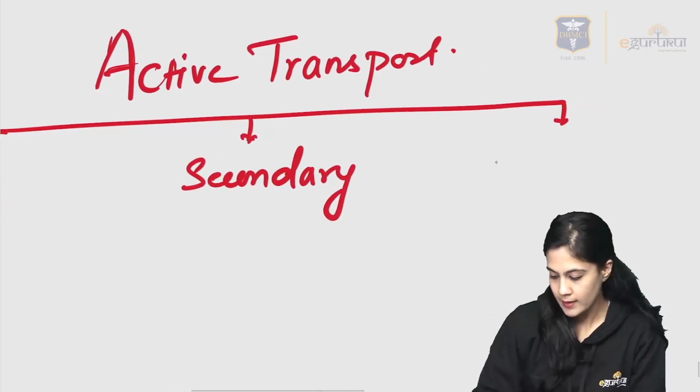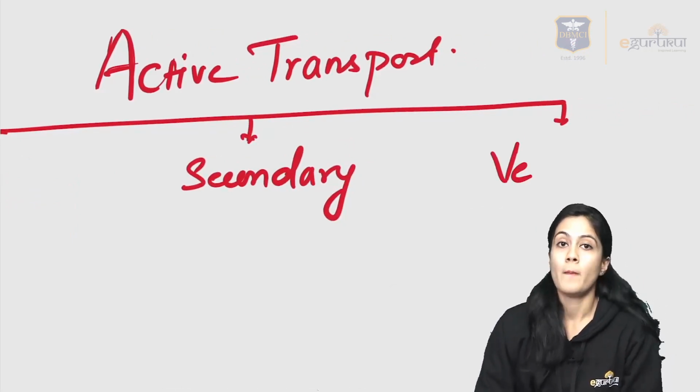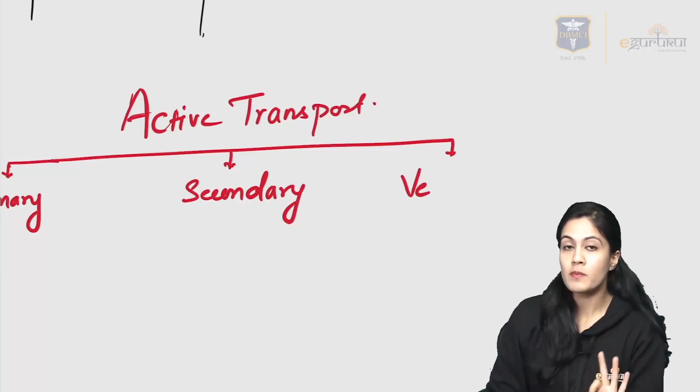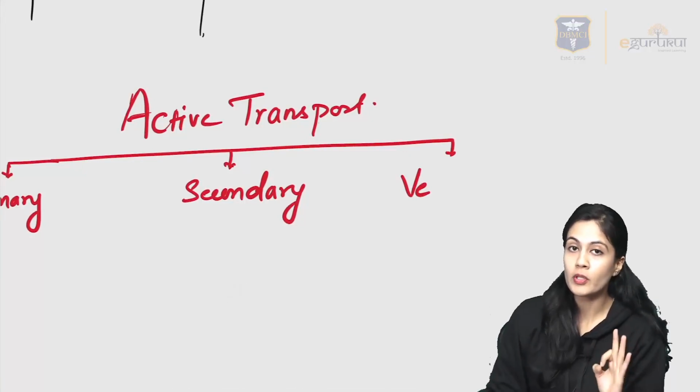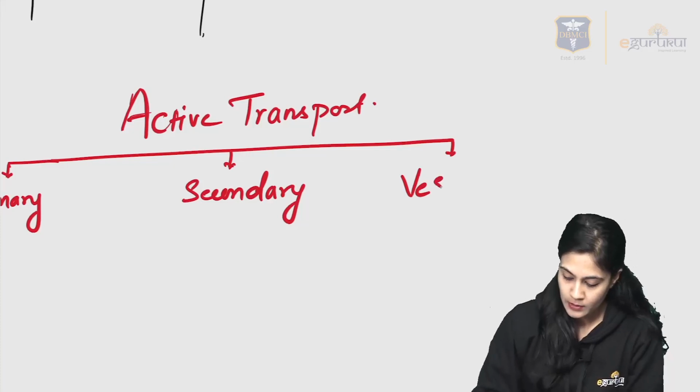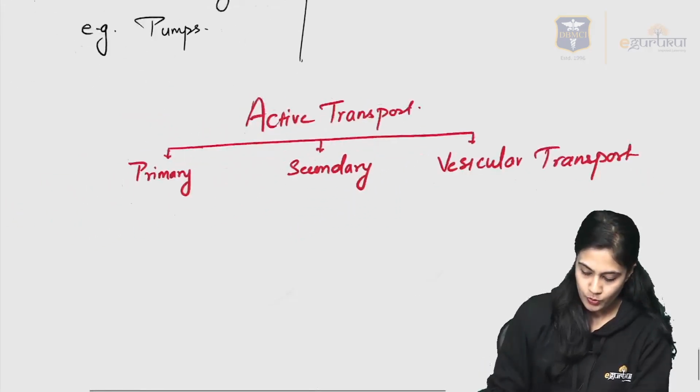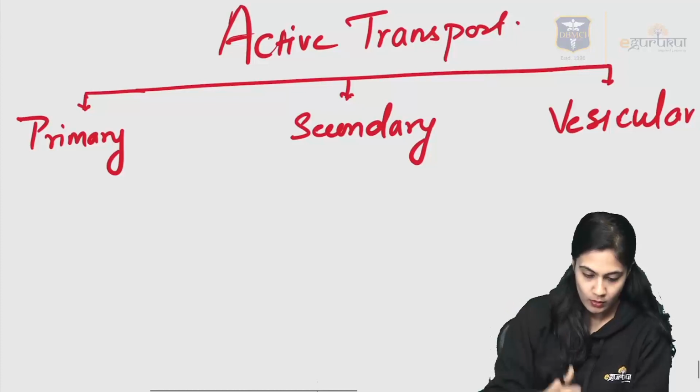And the third is very crucial. Many students don't know that it has 3 types. They always remember primary and secondary, but remember the active transport is of 3 types. The third one is the vesicular transport. So let's discuss first the primary and secondary.